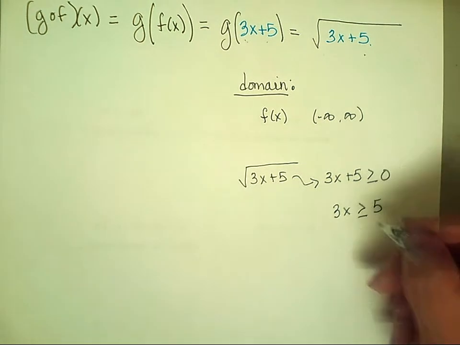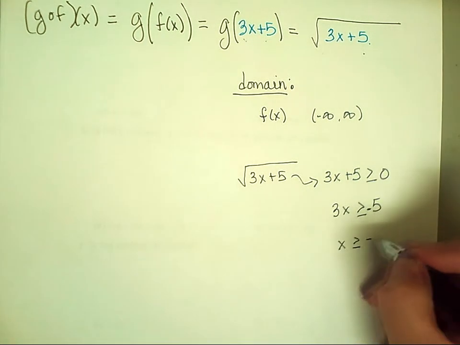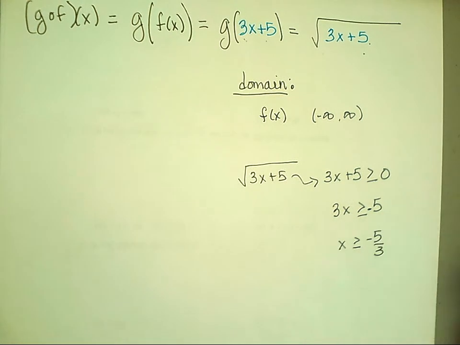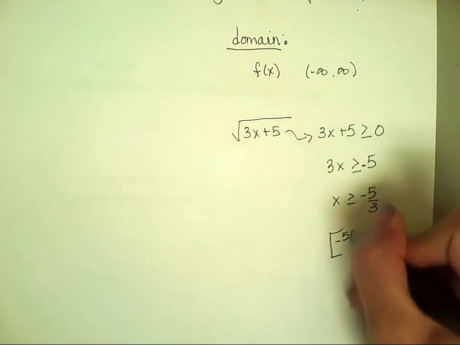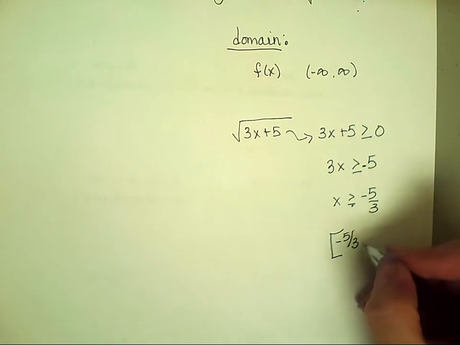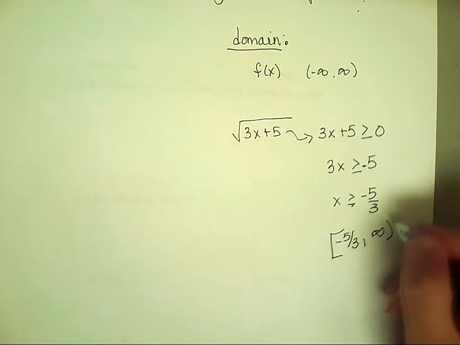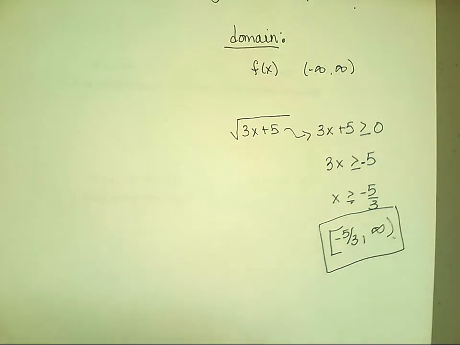So 3x has to stay greater than or equal to negative 5, and then x has to stay greater than or equal to negative 5/3. So if we wrote that in interval notation, we go from negative 5/3 included, because of the equality, up until infinity. So this is the domain of the composition.